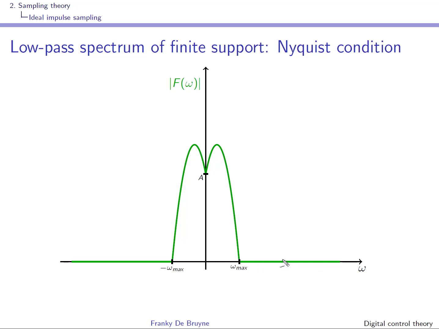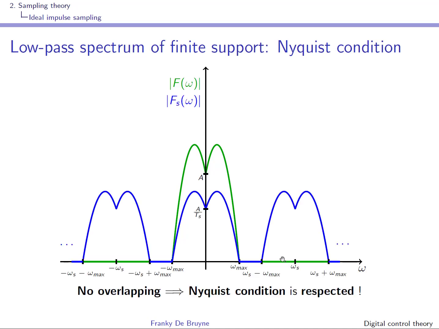So we can now have a look at the Fourier amplitude spectrum of the sampled signal, and indeed what you see here is that you have a sum of shifted versions of the original spectrum, shifted by k omega s, but they are also multiplied by this factor 1 over Ts.